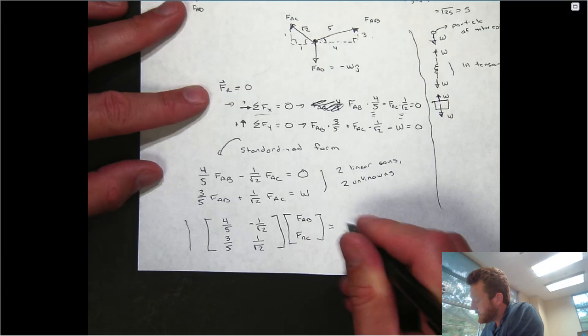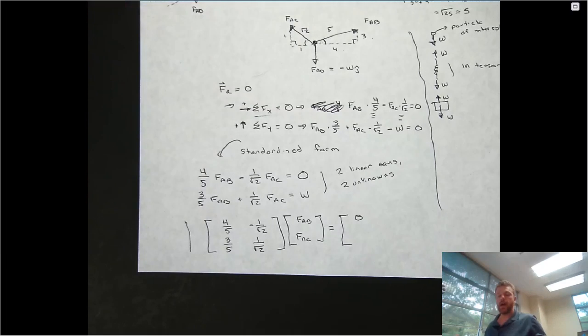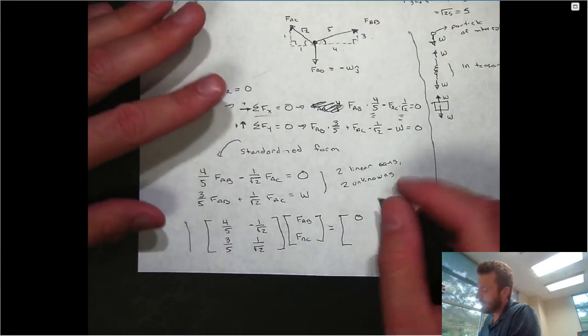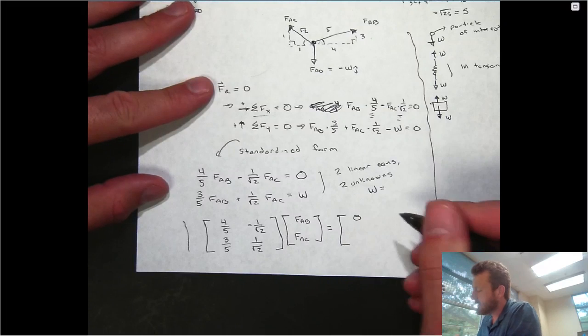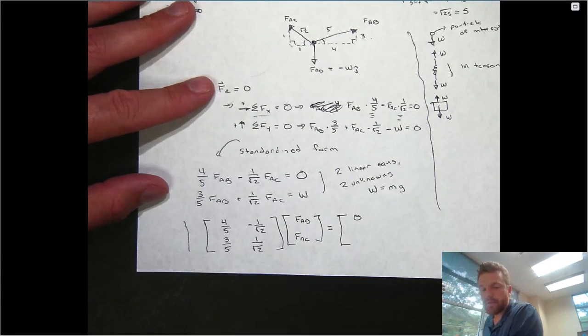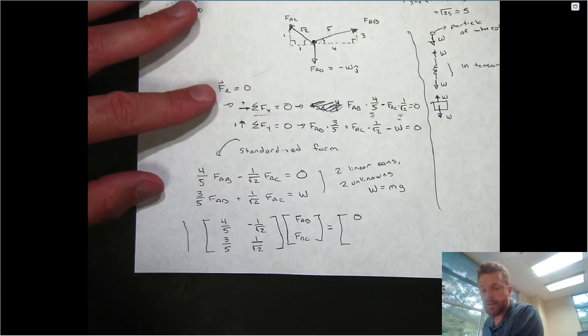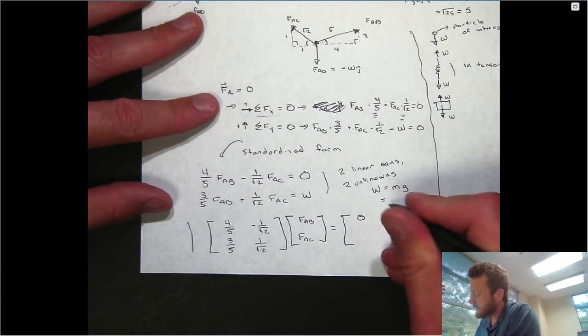And it's going to be equal to the constant term, which is going to be 0 and whatever the weight is. But rather than carrying the variable, the weight, around, I'm just going to actually compute what that weight is. We know the mass is 2, and in order to determine the weight, we're just going to multiply by the acceleration due to gravity, which, as we discussed in chapter 1, we're modeling as a constant here on Earth.